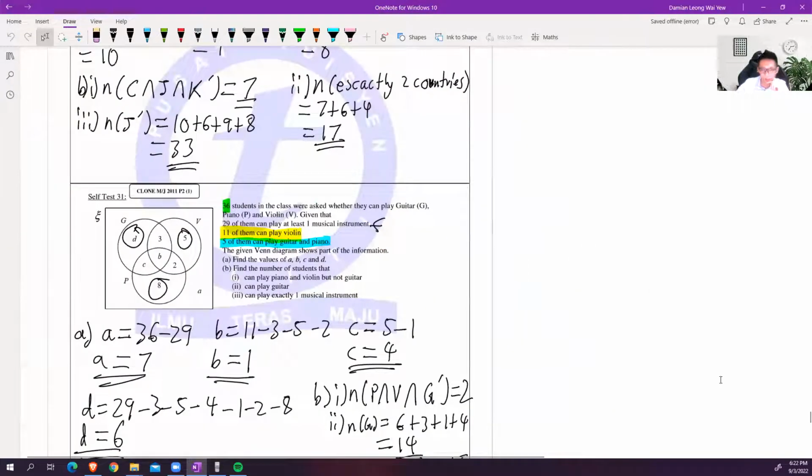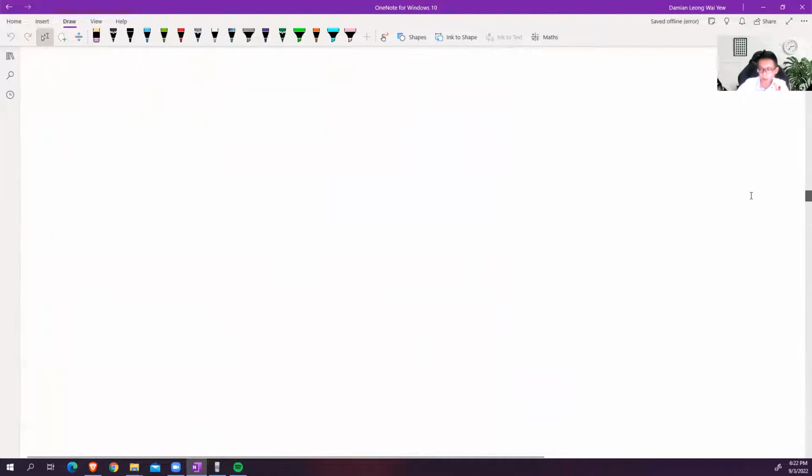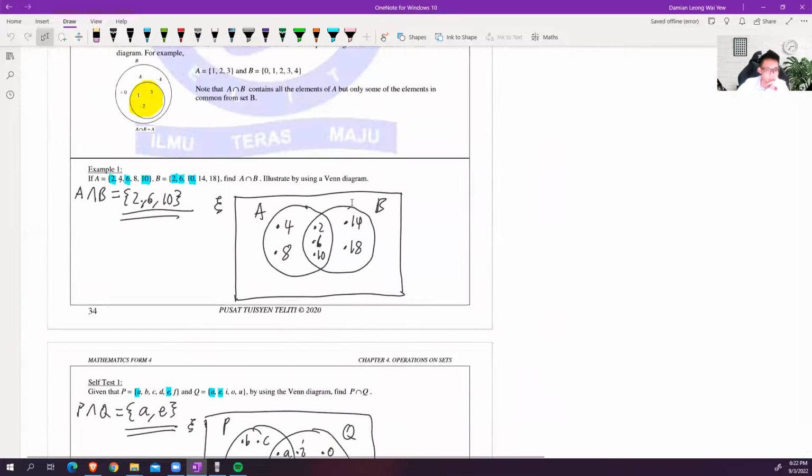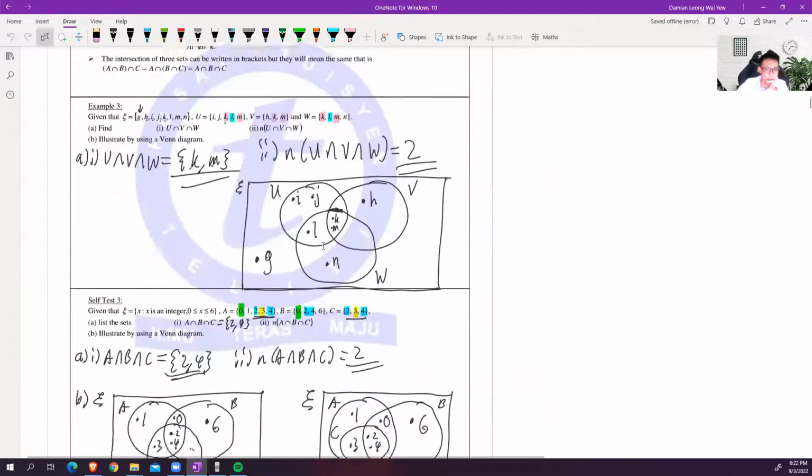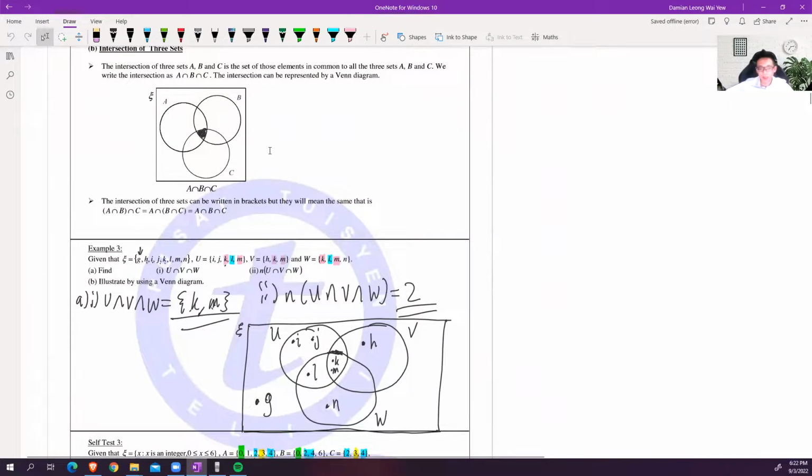operations on sets. Okay. Operations on sets, what we need to know is, of course, drawing your Venn diagram. Okay, then we need to know your intersection and union of sets. Intersection means where it's inside all the intersections, like A intersect B intersect C, where all of them overlap one another.